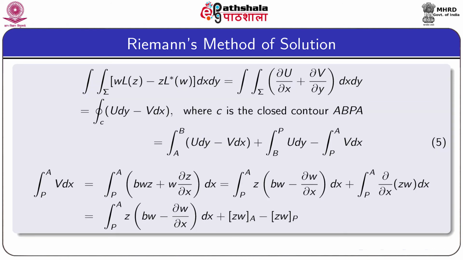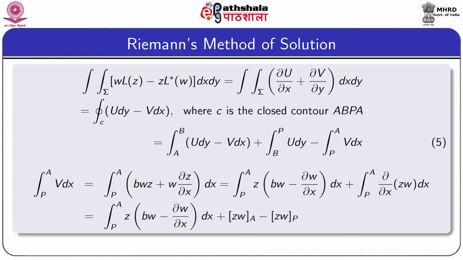Here the dx part is 0, only u dy is present, and along the curve P to A there is no change of y, so dy is 0. So, P to A, the v dx part is there.